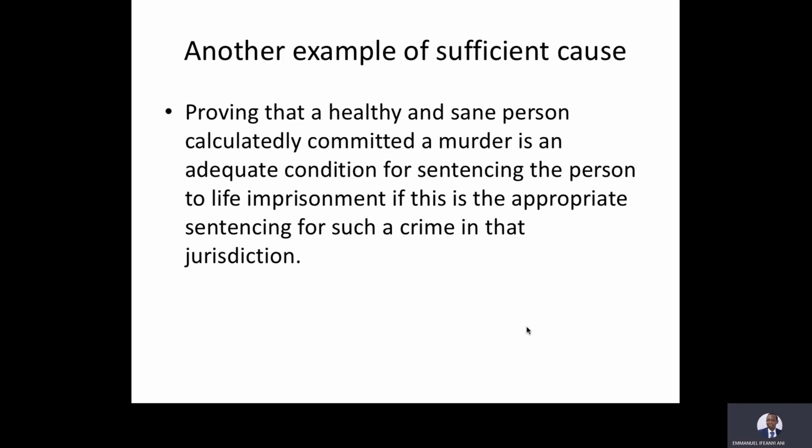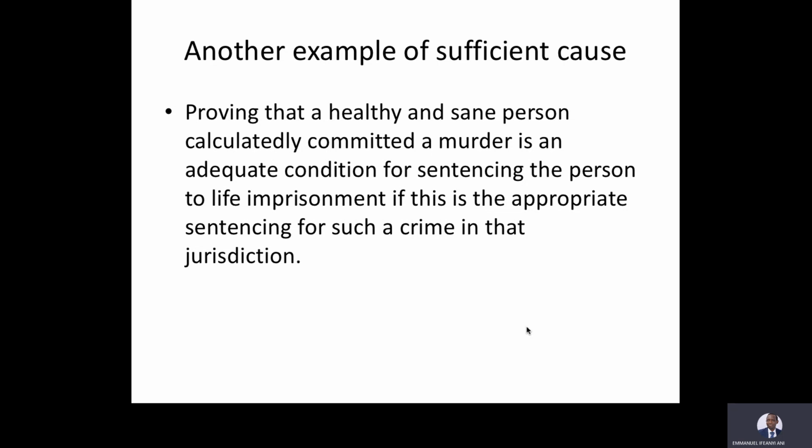Another example of sufficient cause: proving that a healthy and sane person calculatedly committed a murder is an adequate condition for sentencing the person to life imprisonment, if this is the appropriate sentencing for such a crime in that jurisdiction. So once a healthy and sane person has been proved to have committed murder, then it's been established that he or she did it deliberately and with full senses and reasoning faculties intact.